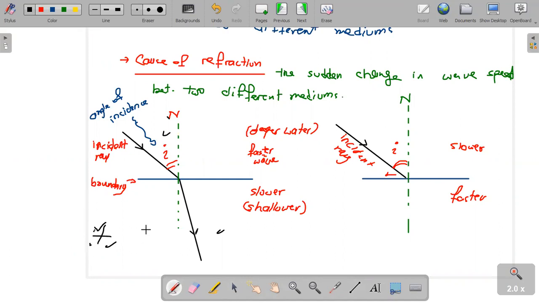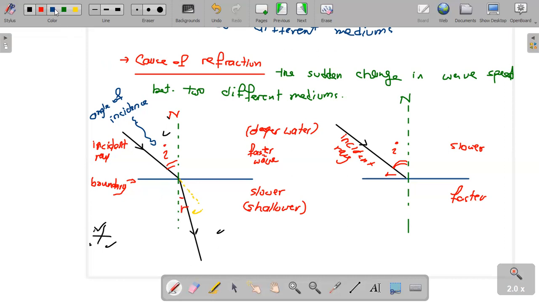Okay, be careful. طيب, this ray was expected to move forward straight like this, لكن it didn't. It bends towards what? Towards the normal. Okay, so in this case, to describe this change, we will say this angle, which is R. R is what?